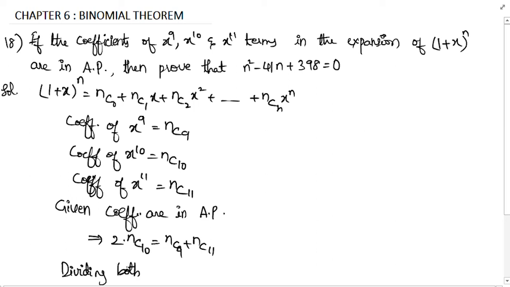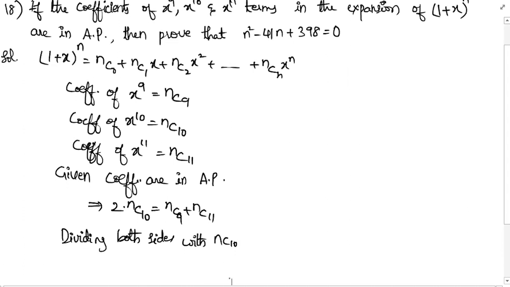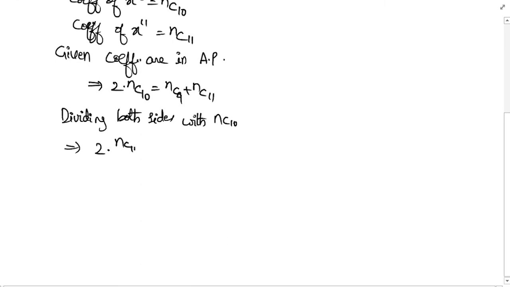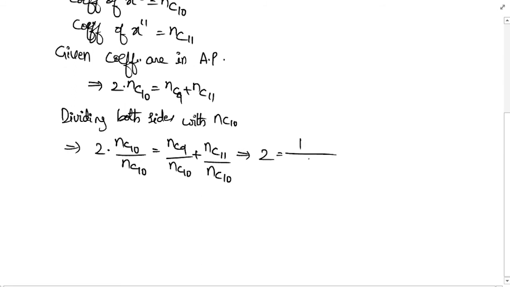Dividing both sides by nC10, 2 nC10 divided by nC10 is equal to nC9 by nC10 plus nC11 by nC10. So 2 is equal to 1 divided by (nC10 by nC9), plus nC11 by nC10.